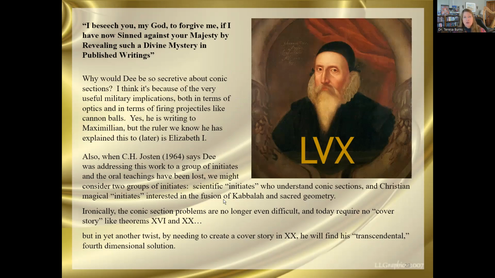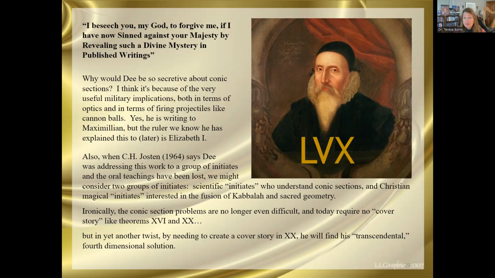Also then, when C.H. Josten, back in the last scholarly translation in 1964, writes his introduction, he says that the meaning of the hieroglyphic monad is now lost, which I don't agree with, or I wouldn't be doing these videos. But he said that apparently there was this sort of side oral teaching given to a group of mystai or initiates, and that is what is lost. What I would submit is there were probably two different groups of initiates.